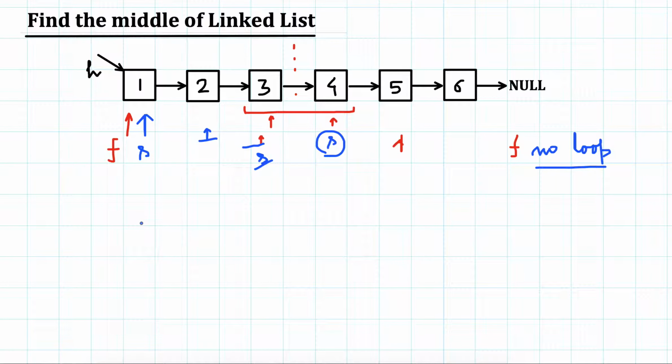So it's very simple. On the other hand, if we had an odd number of elements, then let's say slow and fast are both initialized to the head pointer. After one step, fast will come here and slow will come here.